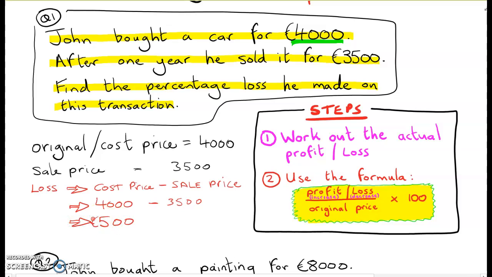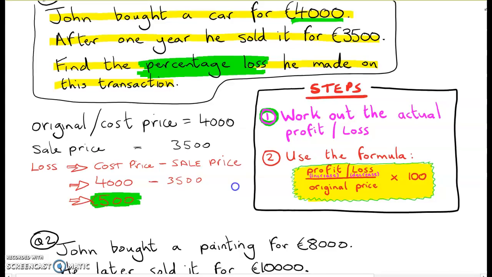That's how much money he's lost. But the question doesn't want the loss, they want the percentage loss. We needed the actual loss first, and now we'll use that to find the percentage loss. What we just did was step 1, working out the actual profit and loss.